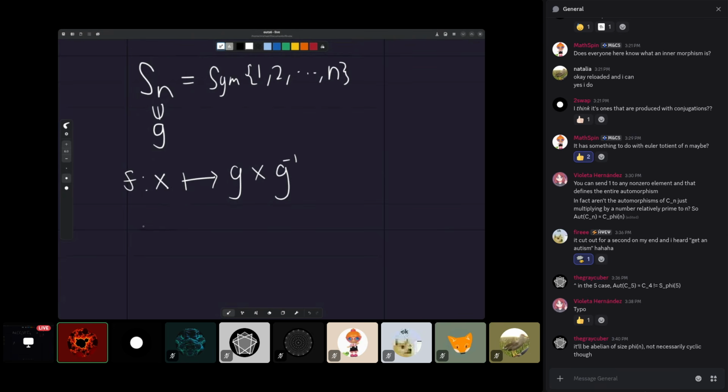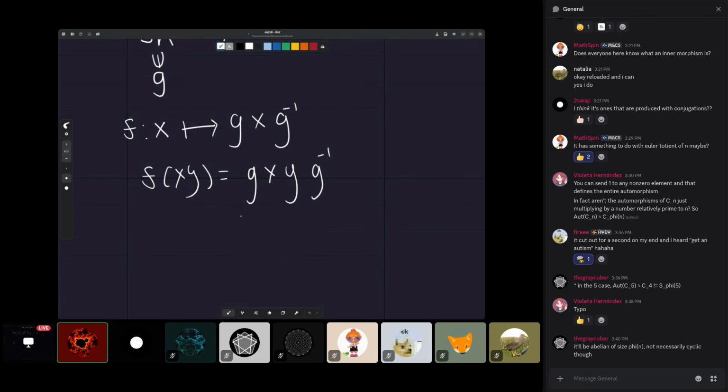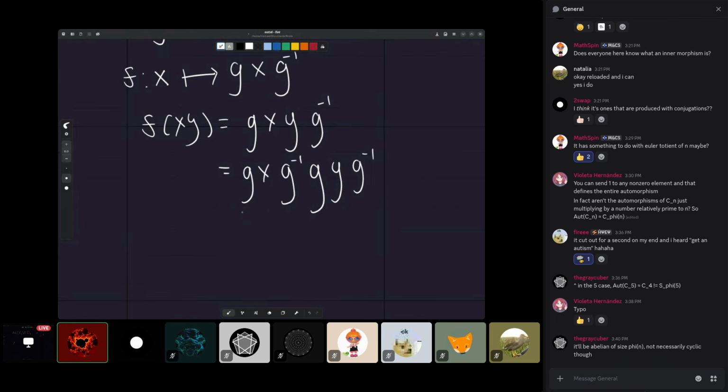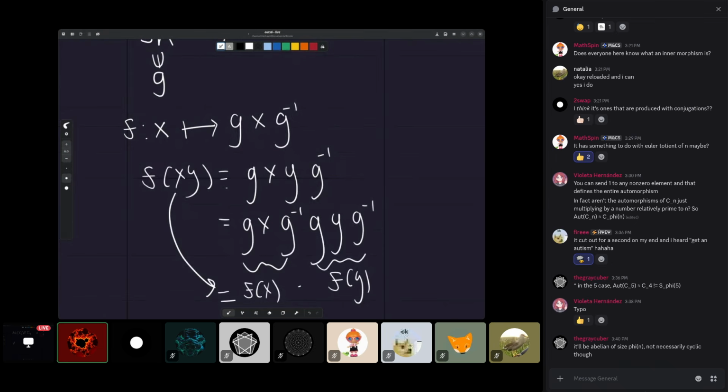What's f of xy? By definition, that's g xy g inverse, and then you can do the trick of sticking a g inverse g in the middle, like so, and then this is f of x, this is f of y, and so there you go. That's your homomorphism.